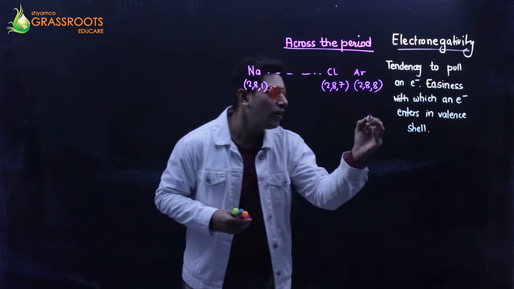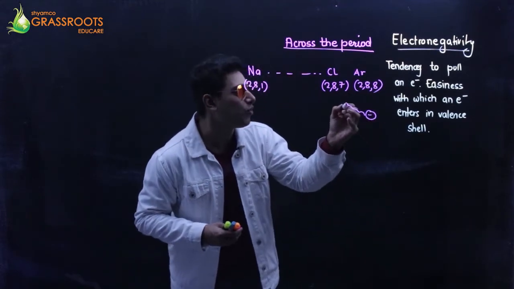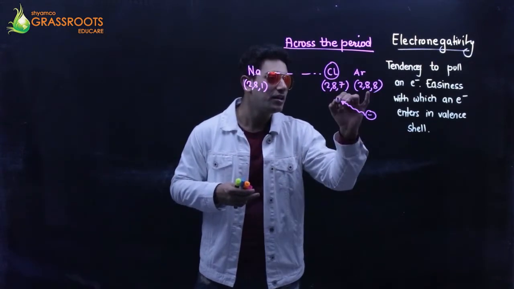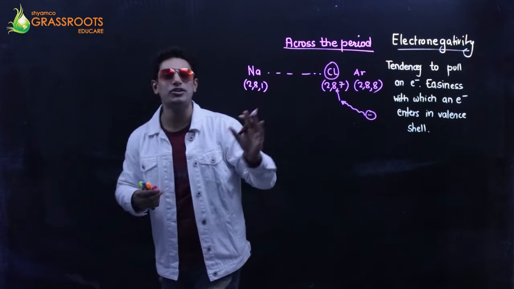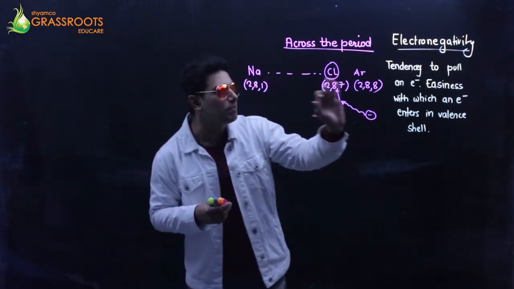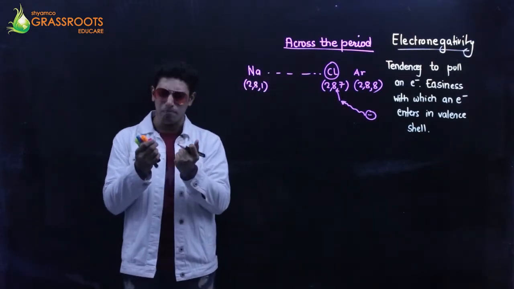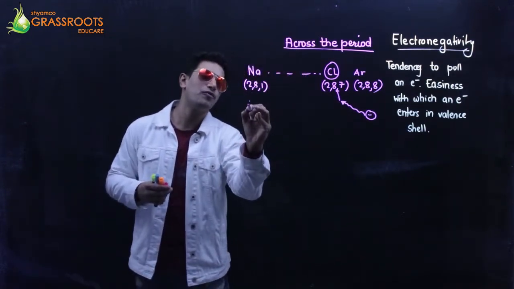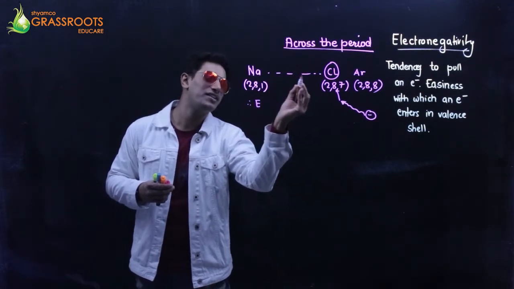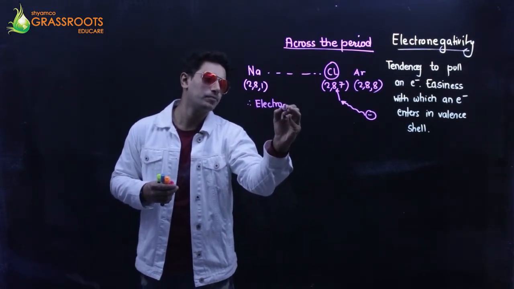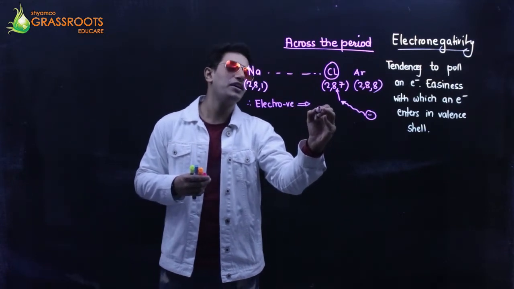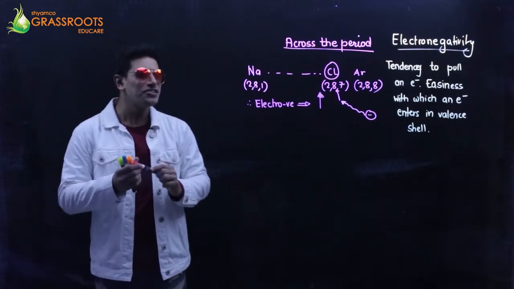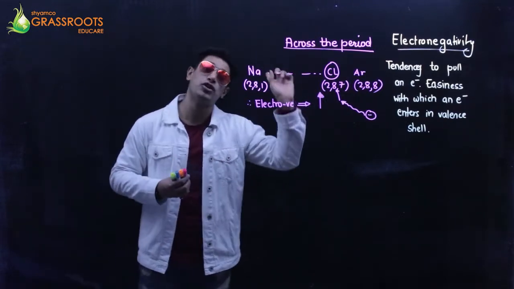Tell me one thing, if an electron tries to enter, where will it prefer going? Of course, it will prefer going to chlorine, because chlorine can easily pull an electron and become more stable. So across the period, who has more tendency to pull? It is chlorine. So therefore, can I say electronegativity across the period increases.